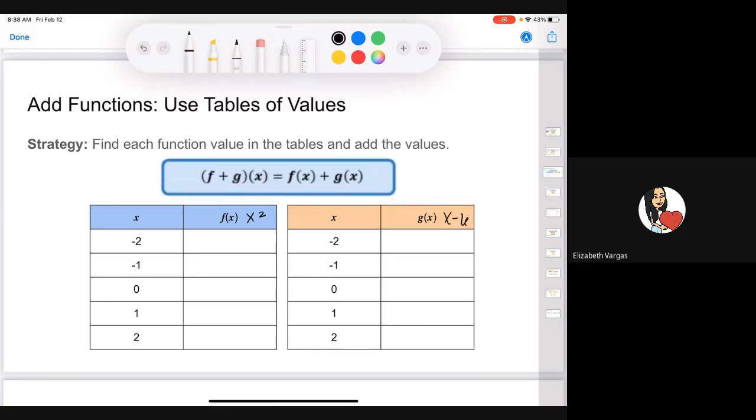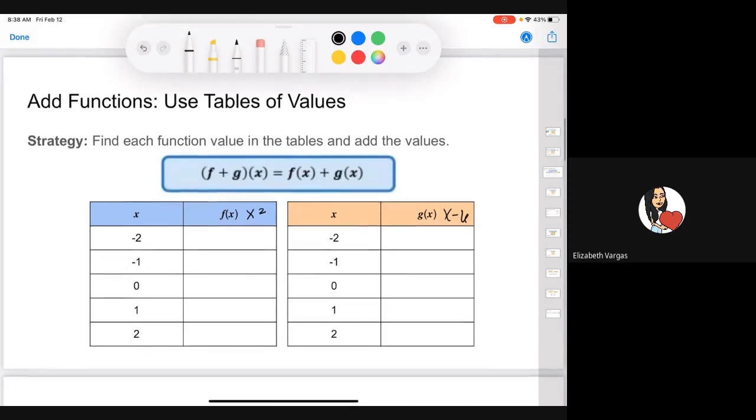To create a table of values, you basically substitute the x in. So this would be -2², -1², 0², 1², and 2². You're taking these x values and substituting them in for x here.